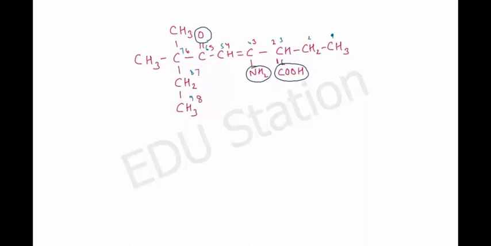The rule is we have to take the longest chain along with the principal functional group. If I were to take 9 carbons, I was not taking the principal functional group, which will be wrong. So my longest chain has 8 carbons, not 9 carbons. If I take 8 carbons, these groups, this methyl and keto, they are left out, and also amine.